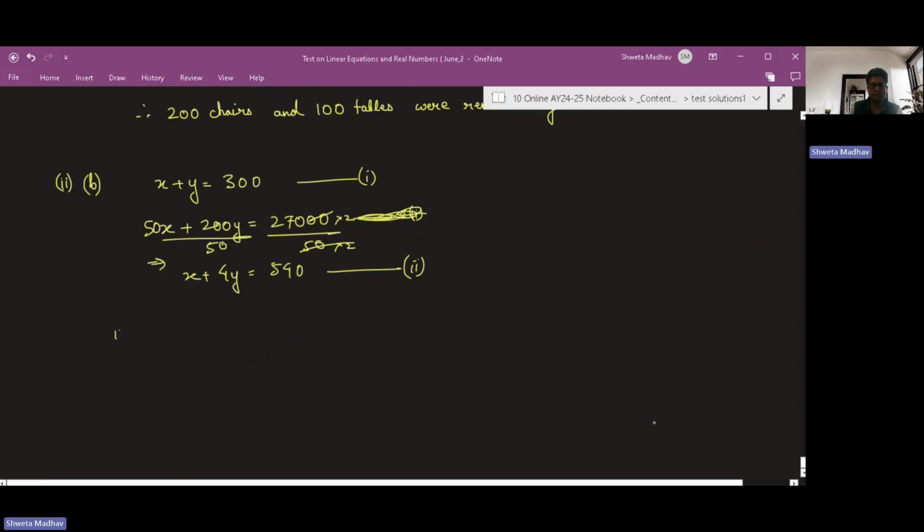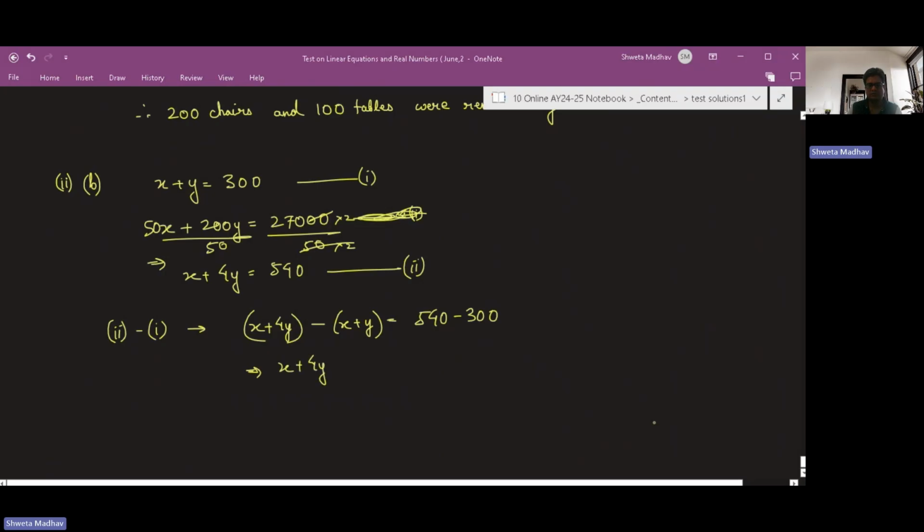So now if we do second equation minus first equation, then we will have X plus 4Y minus X plus Y equal to 540 minus 300. X and X will get cancelled.